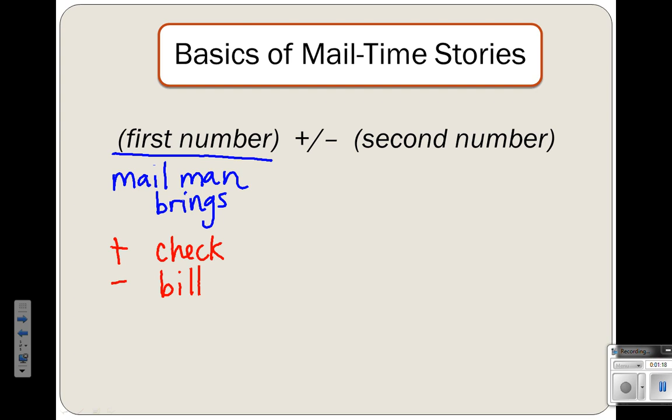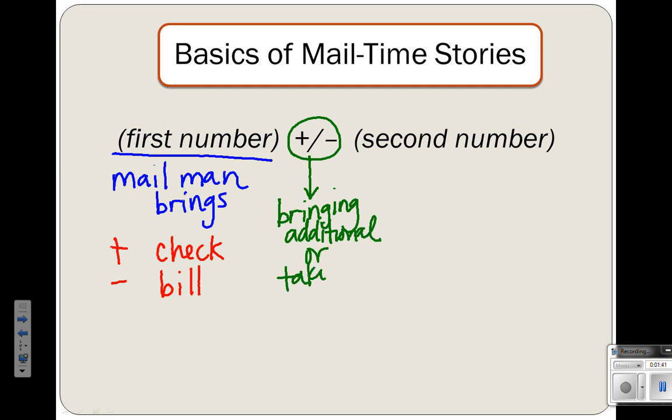Then you're going to have plus or minus in the middle. The plus or minus is going to tell you if he's bringing something additional or taking something away. Okay, if it's positive, then he's bringing something additional.